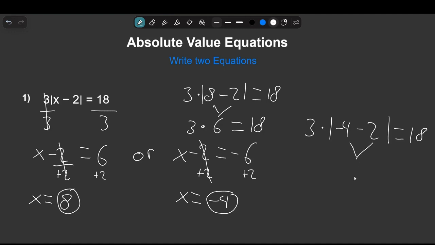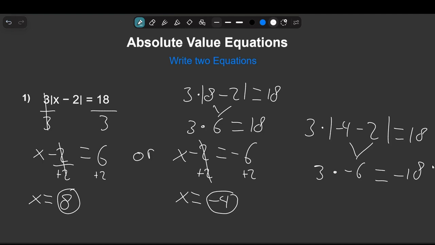So minus 4 minus 2 will equal minus 6. Now we do 3 times minus 6, and this will equal minus 18. So, as you guys know, 18 and minus 18 both have an absolute value of 18, because they are both 18 units away from 0.